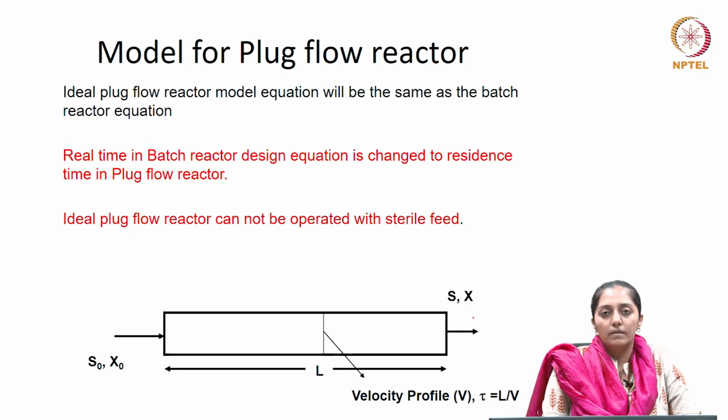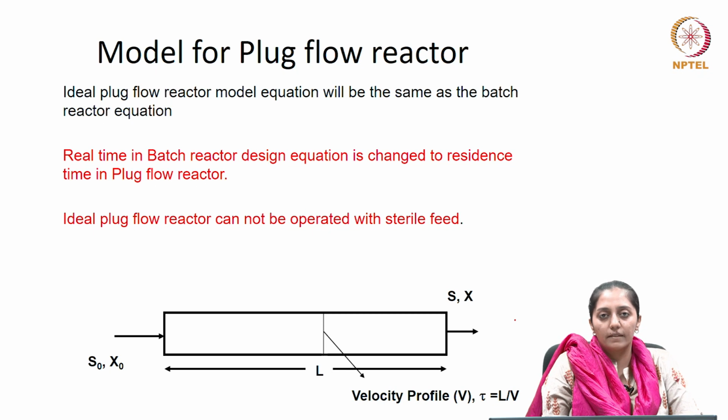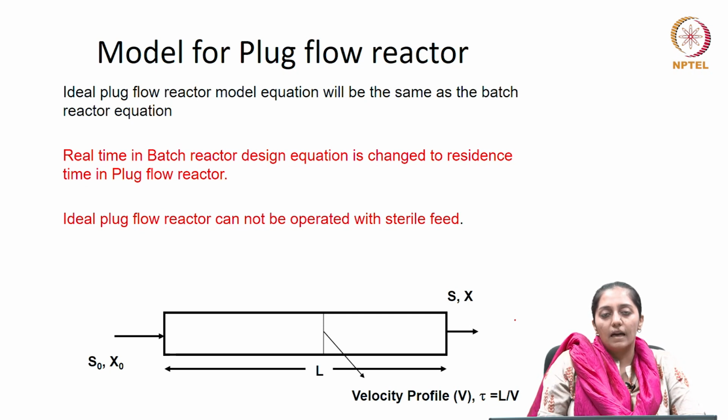The outgoing substrate concentration is represented as S, and the biomass, due to growth from substrate consumption, has changed from X0 to X. So for an ideal plug flow reactor, if L is the length of the tubular reactor and V is the linear velocity, then the residence time can be calculated as L by V.